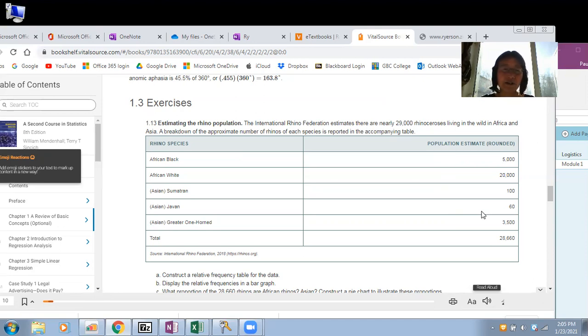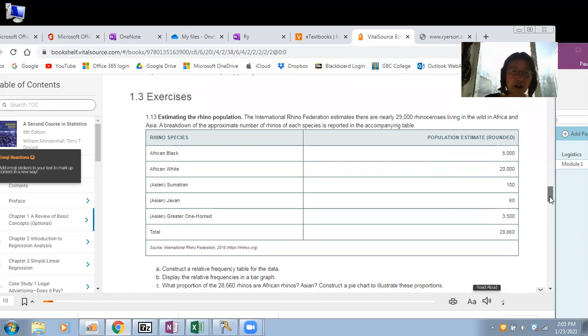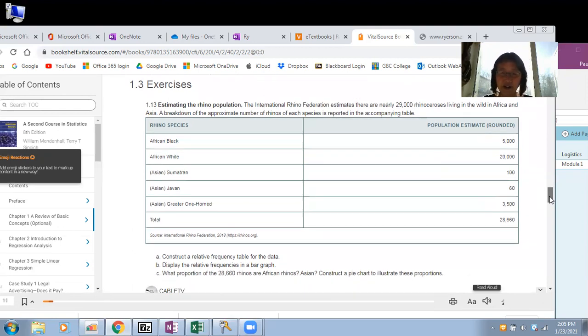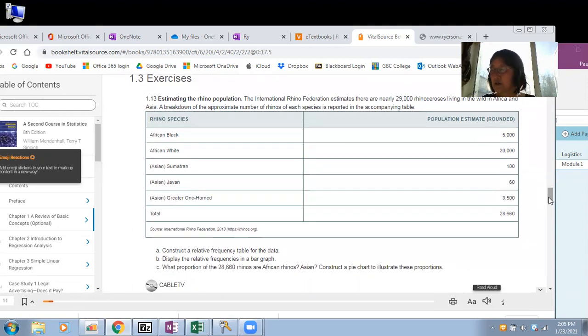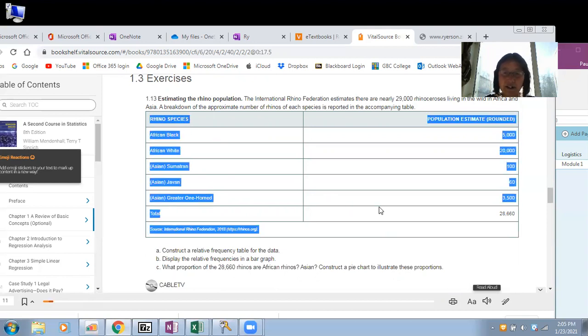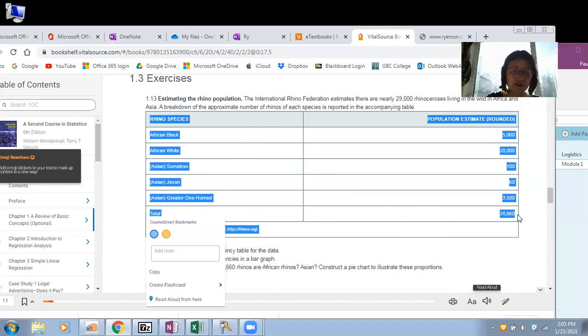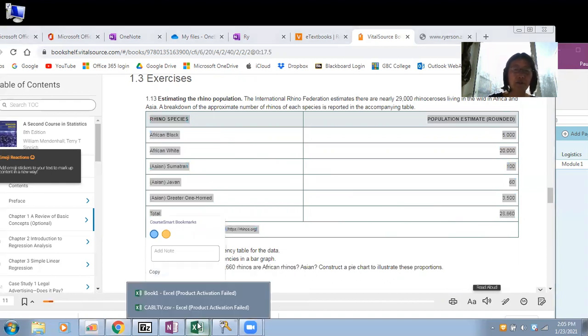For this one, I will try to copy this data to Excel. This data is not available as a file, so I just try to copy. I will select this, and then Control C. Go to my Excel.